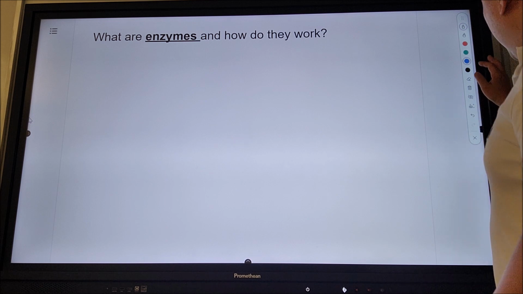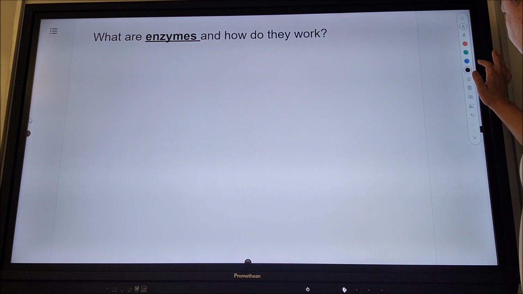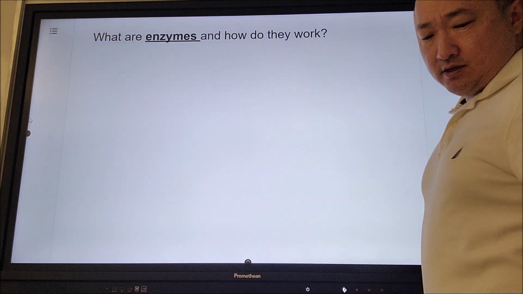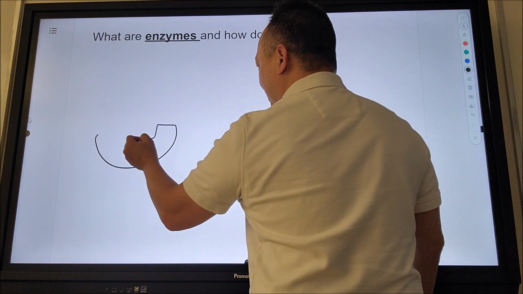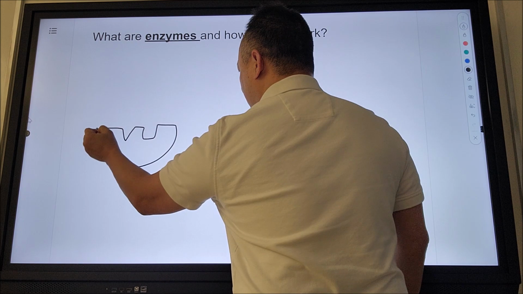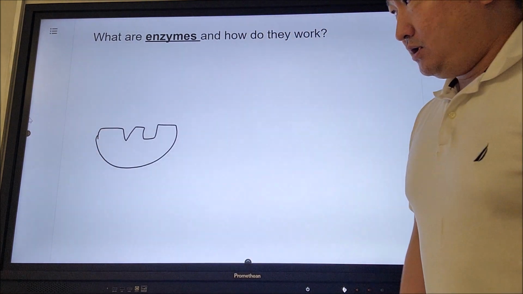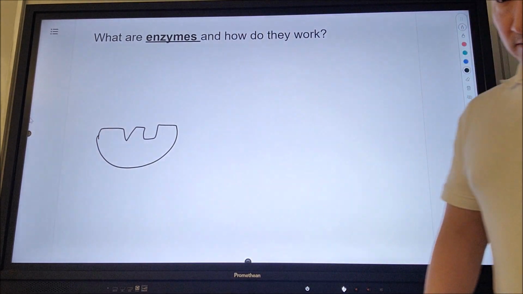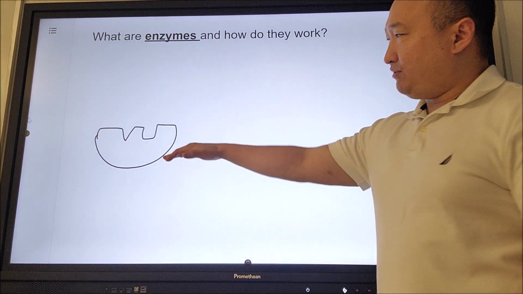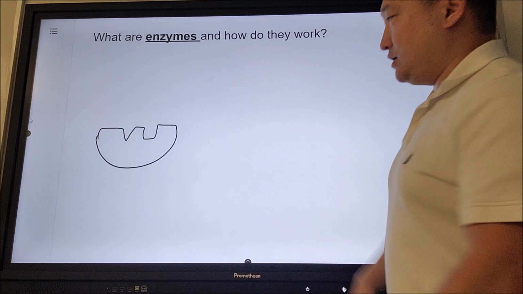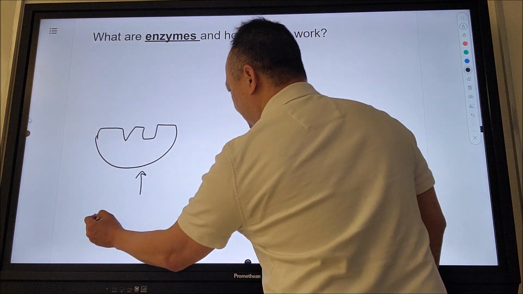Okay, so I'm going to draw one more illustration here to show you what this might look like. Oftentimes, proteins are so complex that it's hard to draw them, even with computers, because it just looks like a mess. But we'll often simplify these shapes. So we'll say this is an enzyme.